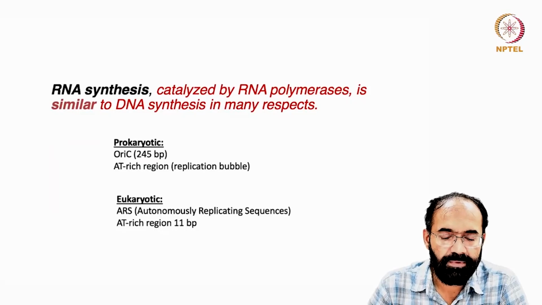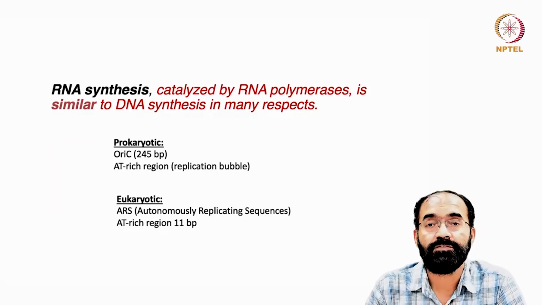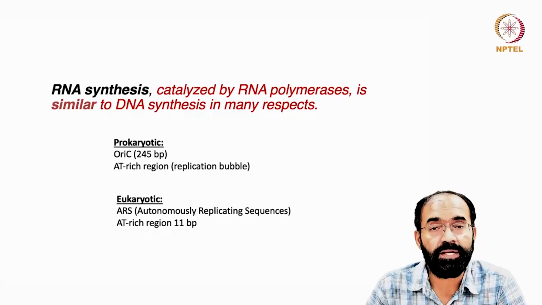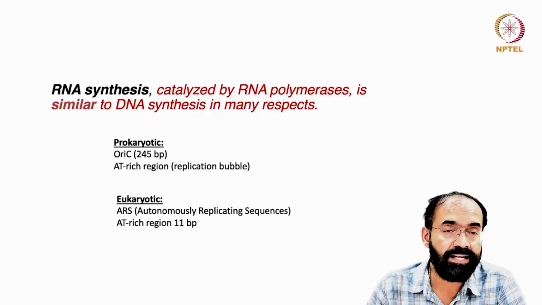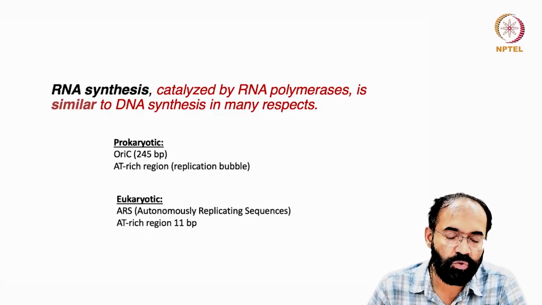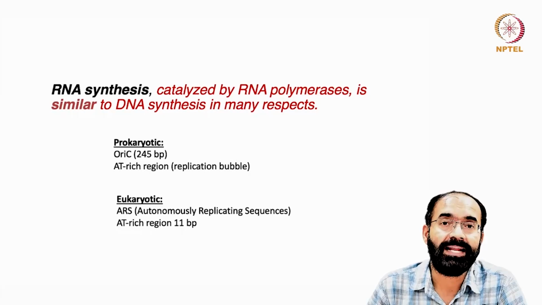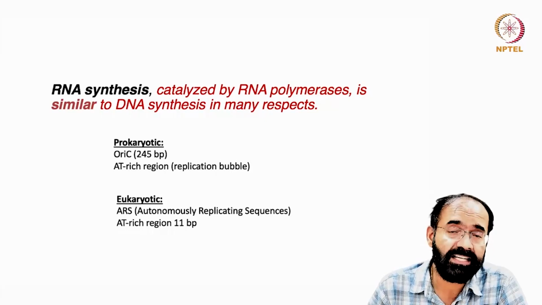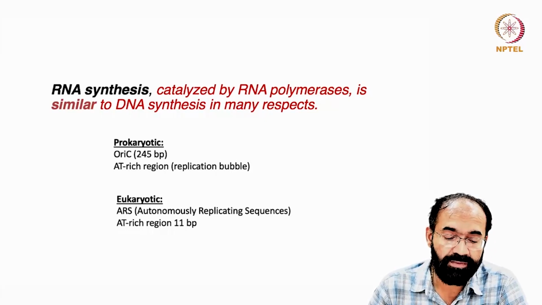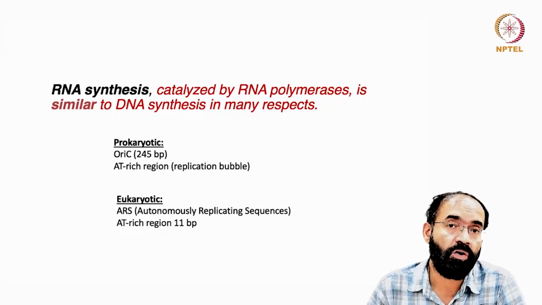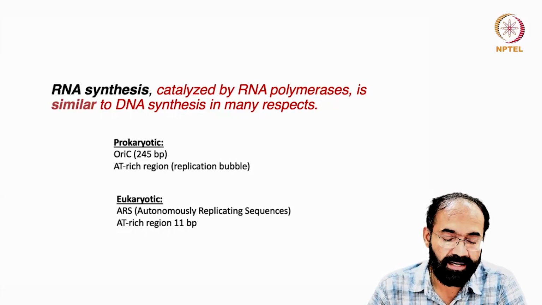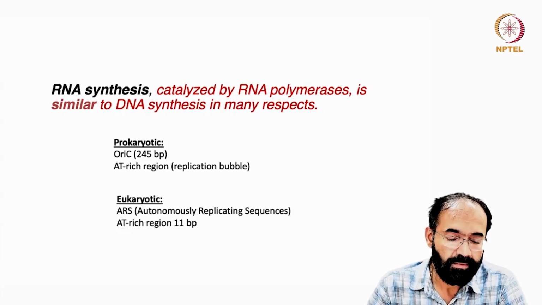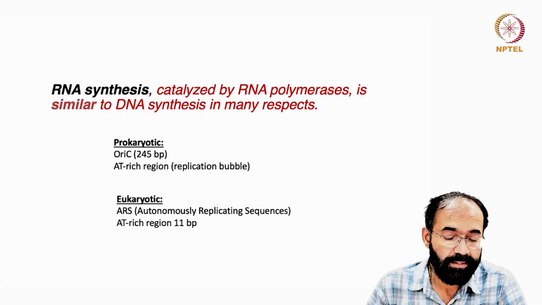RNA synthesis is similar in many respects to replication. In prokaryotes you have a region called oriC, which is around 245 bases in length, an AT-rich region that initiates the DNA unwinding for replication. In eukaryotes, you have certain regions called ARS, autonomously replicating sequences.